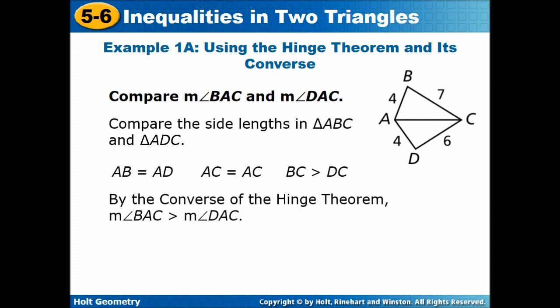So AB equals AD and AC equals AC, but BC is greater than DC. By the converse of the hinge theorem, the measure of angle BAC is going to be greater than the measure of angle DAC. So again, you're looking at the side opposite, you're comparing the angles, you're comparing the sides.